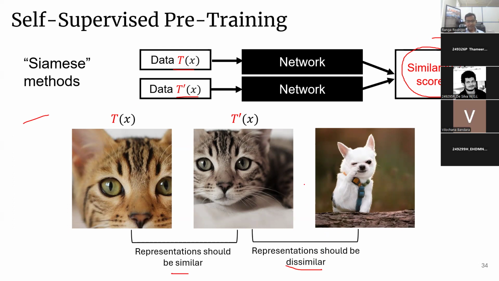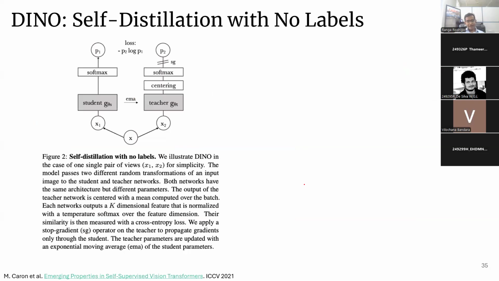Okay, then DINO, self-distillation with no labels, is a powerful contribution. You can understand what they did. They have an image, and they have transformation 1 and transformation 2. They have a so-called teacher with parameters theta t, and a center, and it produces t1 and t2.